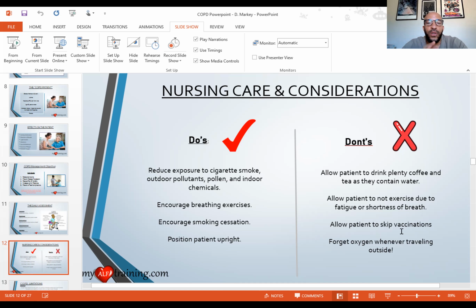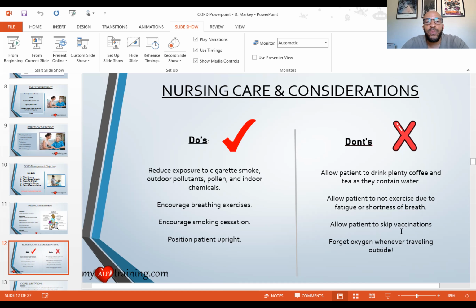So, third, don't allow the patient to skip vaccinations. It's important for everyone to take vaccinations, especially if they're living in a community type of environment. We want to make sure that everyone has vaccinations so there's not some type of a breakout. But specifically, your COPD patients, we need to educate them and let them know that they are prone to respiratory infections.